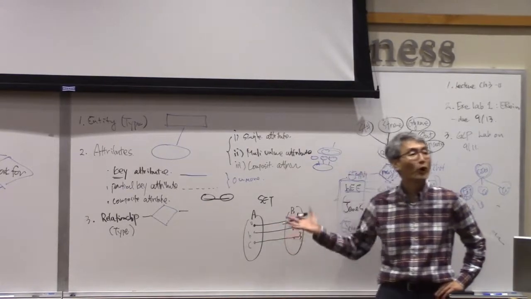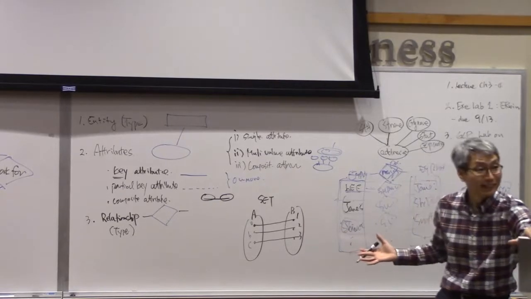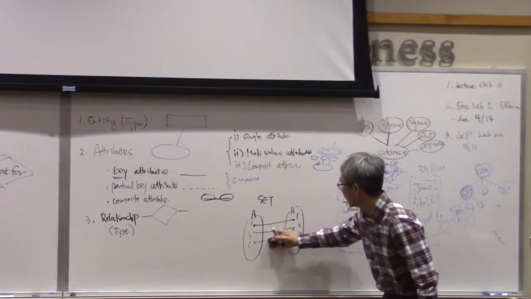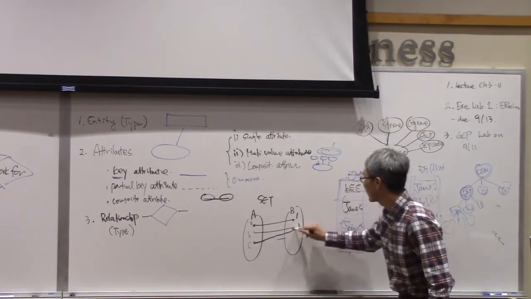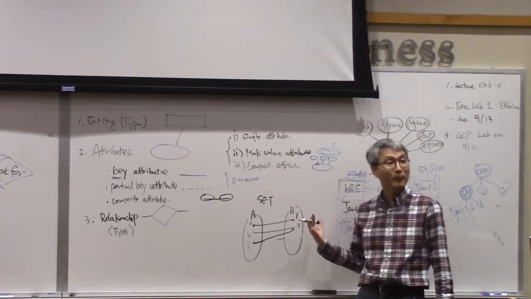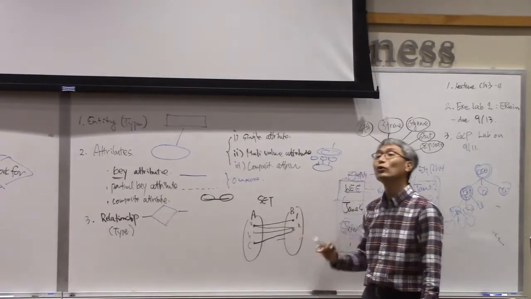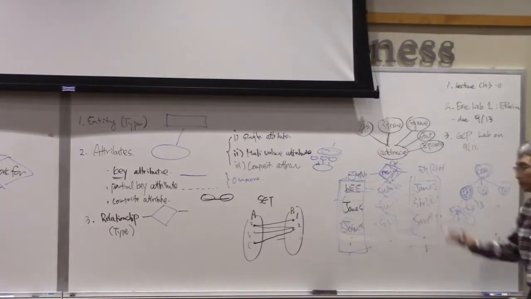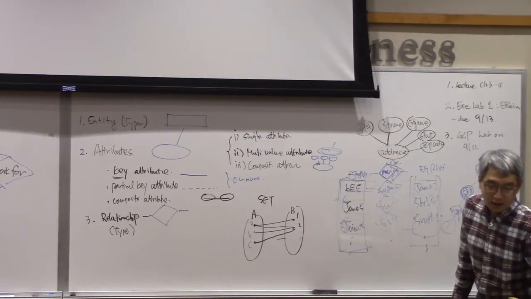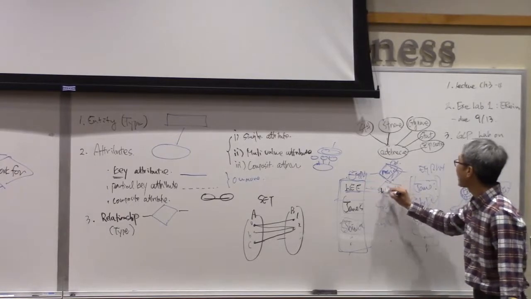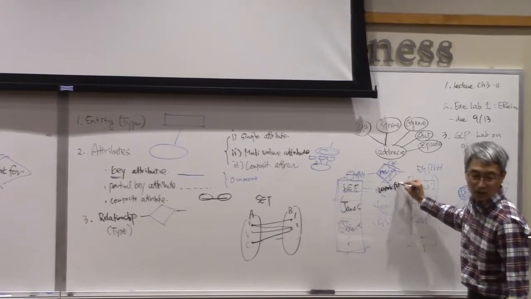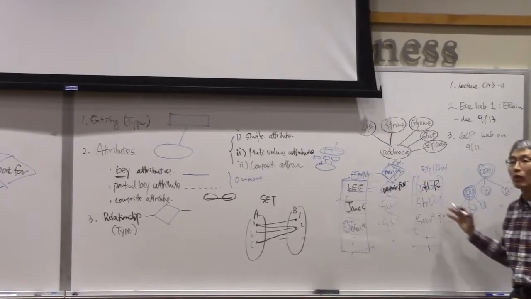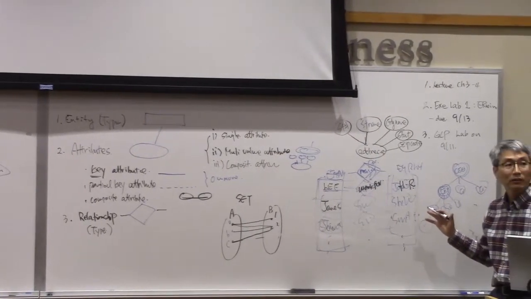This is called one-to-one mapping. Sometimes we have many-to-one mapping, or many-to-many mapping. So you learn this one. Similarly, here, for example, Lee works for the HR department, but Lee cannot work for another department, right?